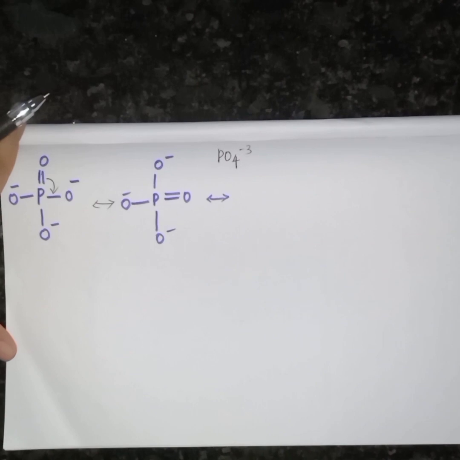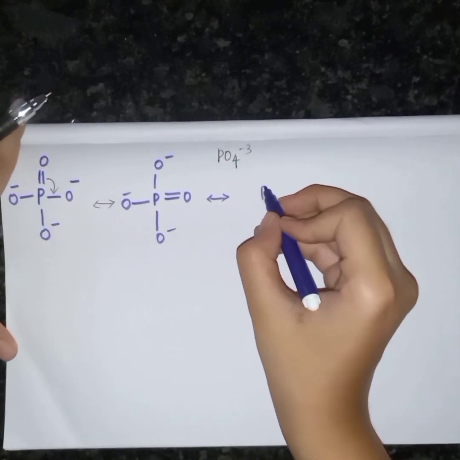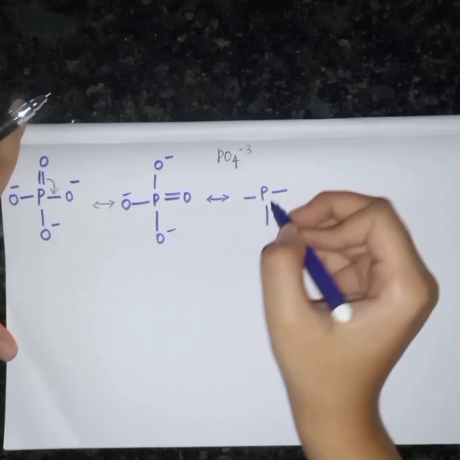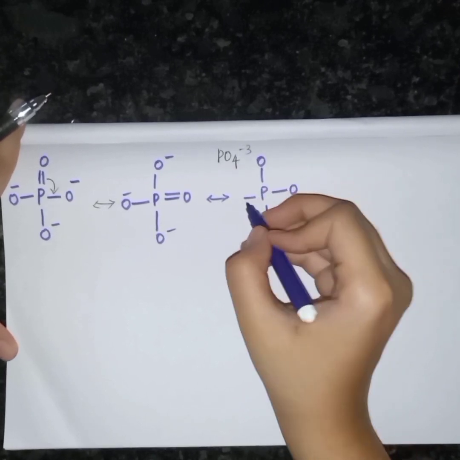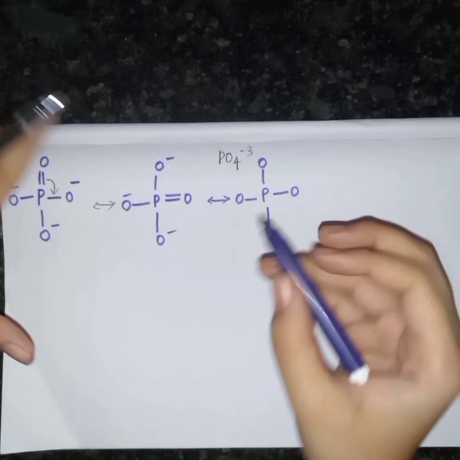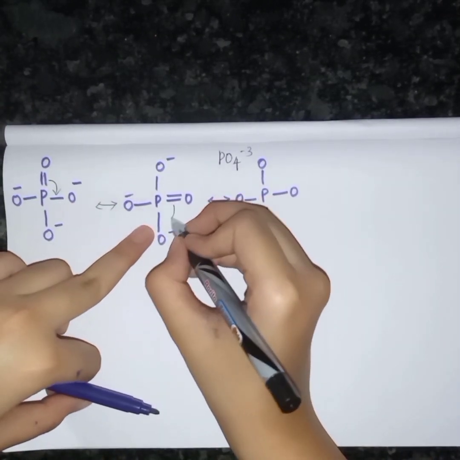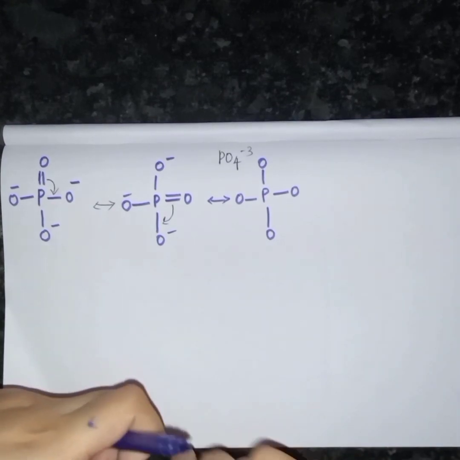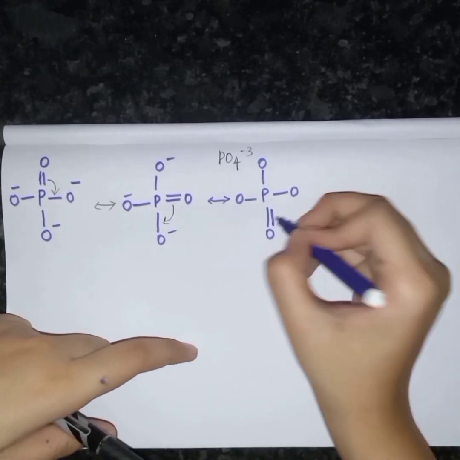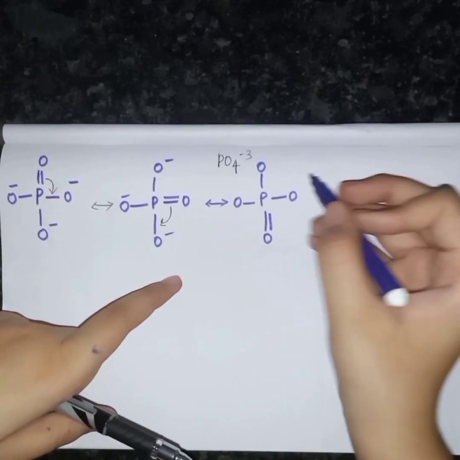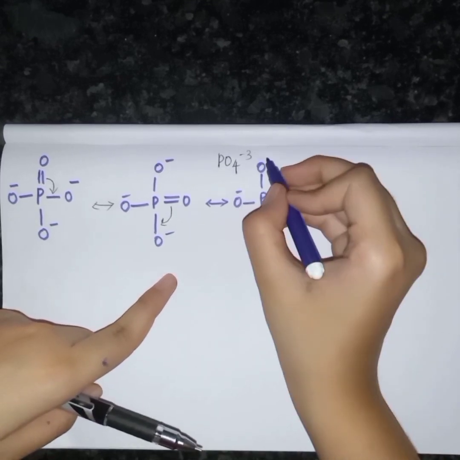The next resonating structure, again the pi bond shifts to this position, and in the remaining 3 oxygens, you have to put the negative charge.